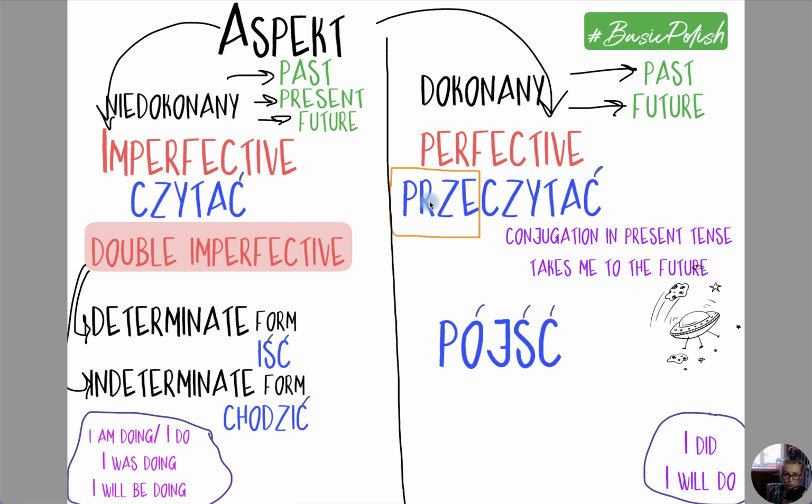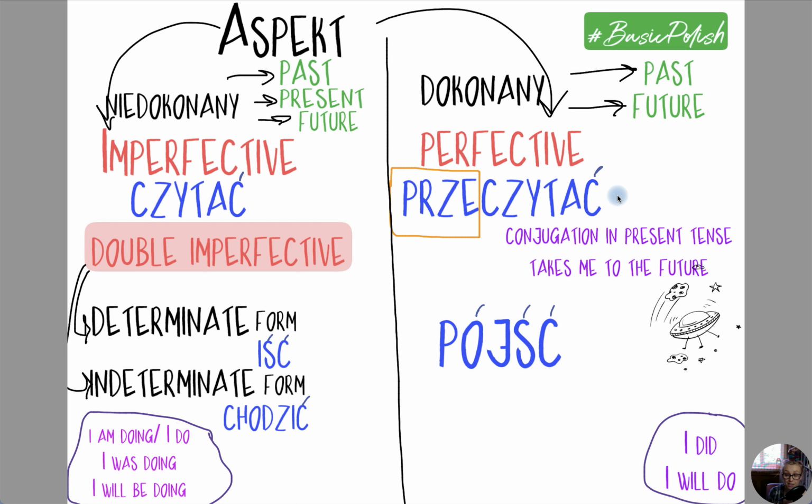This means you will do that action, and hang on a second here, not will be doing, that will be an entirely different thing, will do. So remember, not the ing form, will be doing, no, will do, okay? That's your will do here. You will read, przeczytasz.